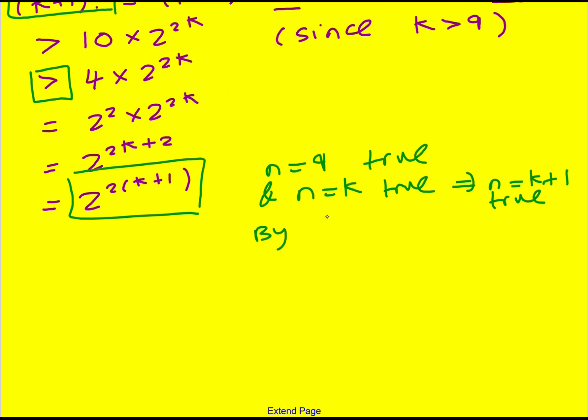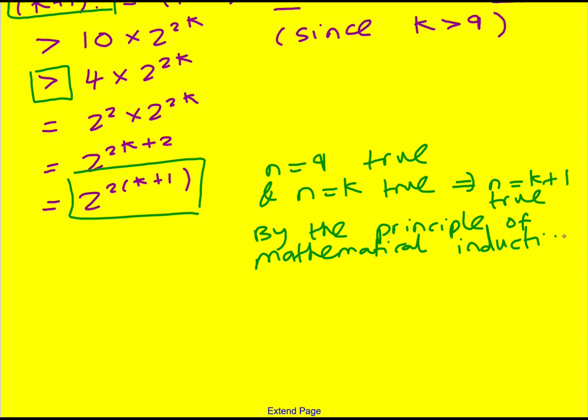I always like to say then, by the principle of mathematical induction, n factorial is greater than 2 to the 2n for n greater or equal to 9.